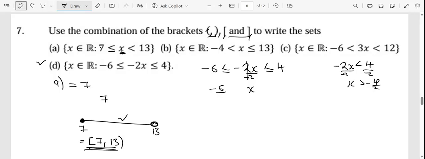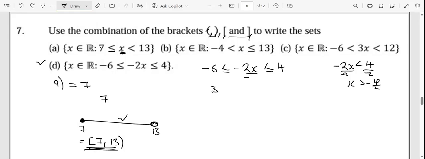Since we have grown up now, we know the answer. If I divide throughout by a negative, this will be positive 3, then the sign will change to this. Then there we'll have x. Also there it will be negative, so the sign will change to this, and this will be negative 2. Is that okay?